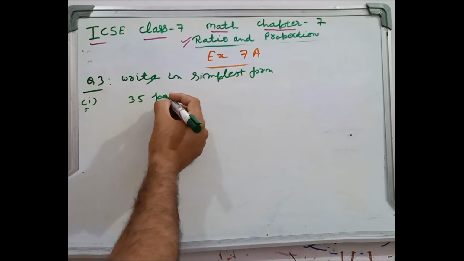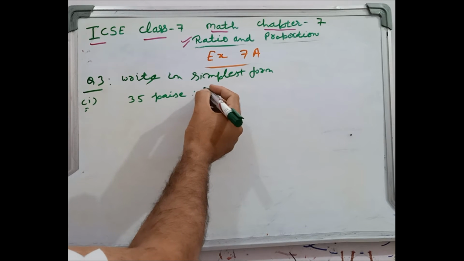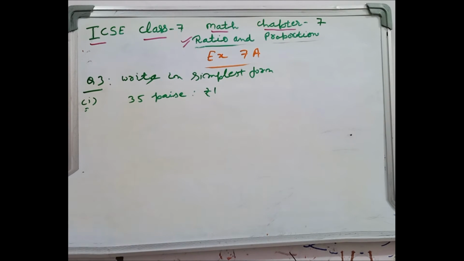So first is 35 paise ratio rupee 1. So students, here units are given. So what will you do in that condition? 35 paise to rupees 1.